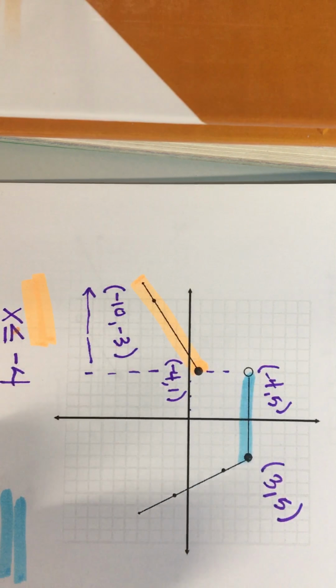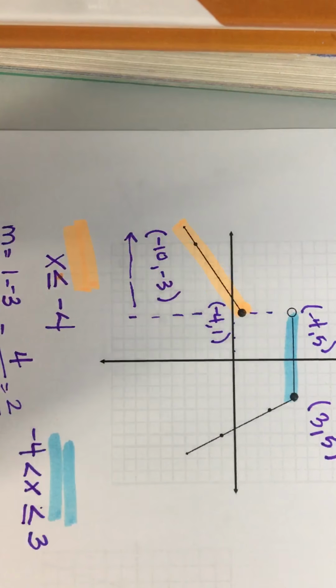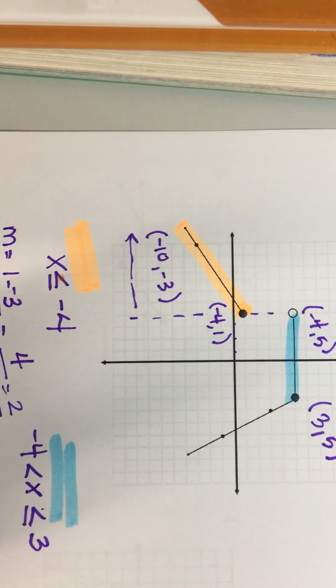Oops, you guys couldn't see that. Between -4 and 3. But on this side, it's an open circle, so it just has to be less than. On this side, it's a closed circle, so I need the greater than or equal to, less than or equal to part of it. Now I can write my equation. This one should be easy because y always equals 5.